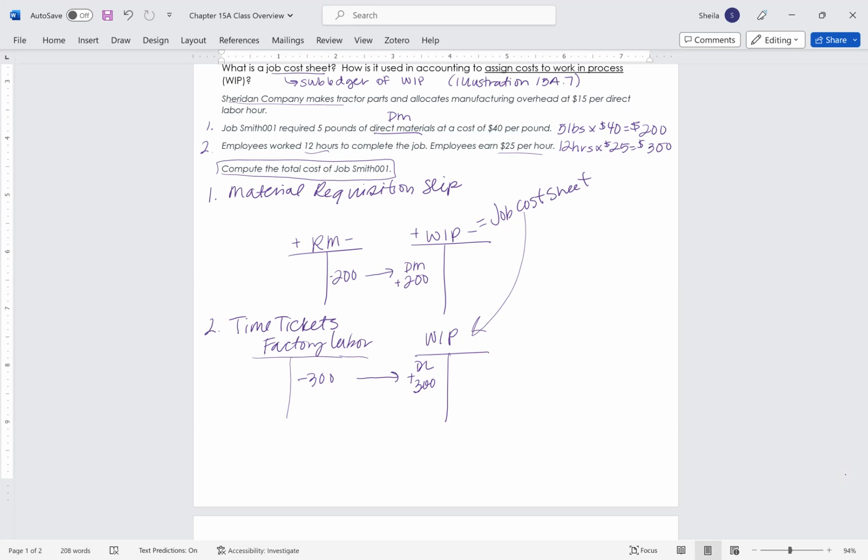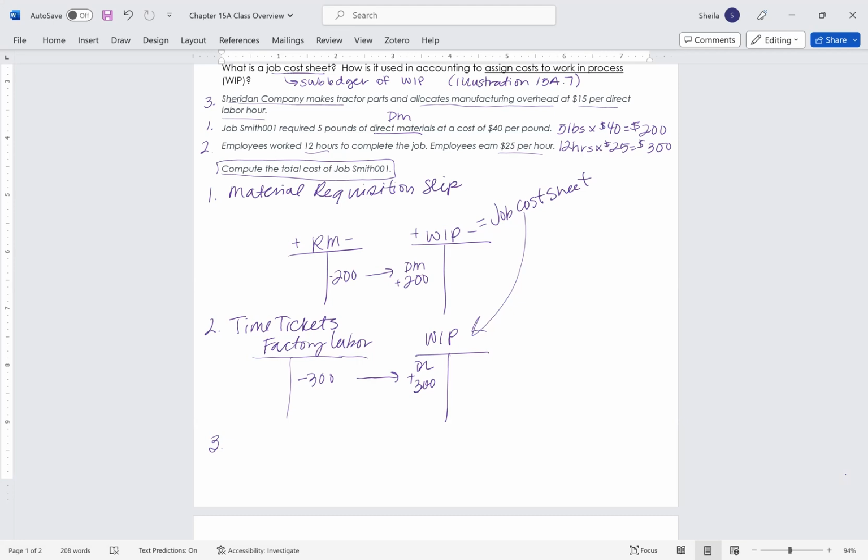Now, finally, what's left is our manufacturing overhead. We're going to get into the applied overhead in just a minute. But for right now, I want to point out that every component of manufacturing cost includes direct materials, direct labor, and manufacturing overhead. So when we say that this company allocates manufacturing overhead at $15 per labor hour, that's the driver we're going to start analyzing in this chapter, as well as in chapter 17.